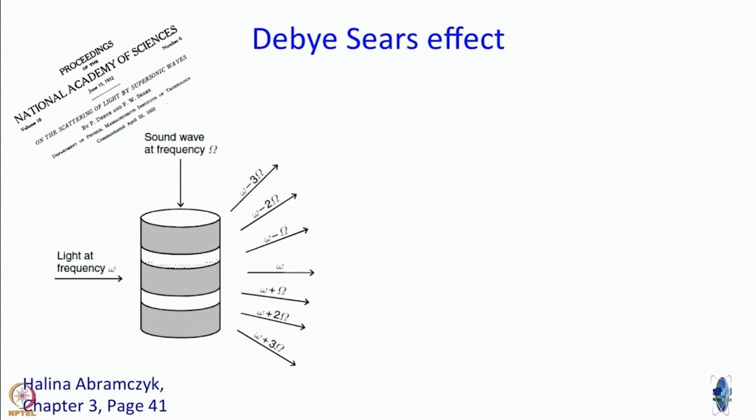Now, remember, sound wave is a little different from your electromagnetic wave. There are two kinds of waves, right? Transverse wave and longitudinal wave. What kind of wave is sound? It is a longitudinal wave, which means it propagates by alternate compression and rarefaction of the medium through which it propagates.